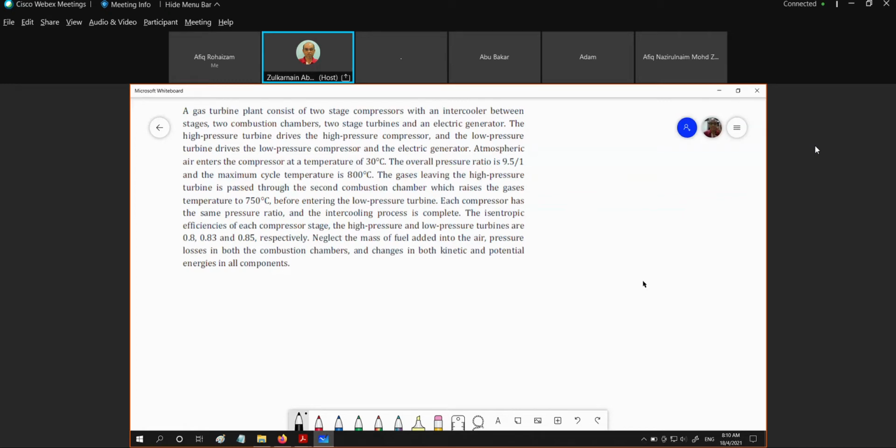A gas turbine plant consists of two-stage compressors with an intercooler between stages. So right now, it already states we have two compressors and an intercooler in between stages. And then we have two combustion chambers, meaning the possibility of having reheat, multi-stage expansion.